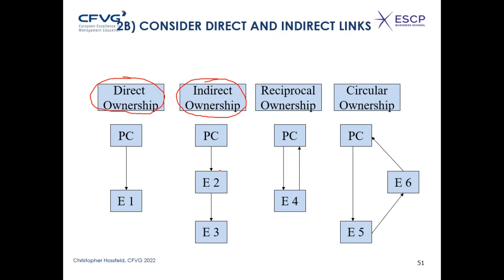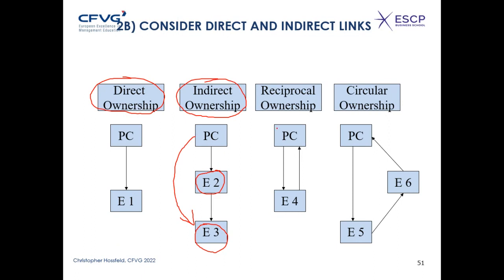So if the parent company controls E2 and E2 controls E3, well, that means indirectly the parent company controls E3. And we can do this on many, many levels. There has to be a controlling link on all the levels, and that means the parent company controls everything. Everything counts, not only direct ownership.